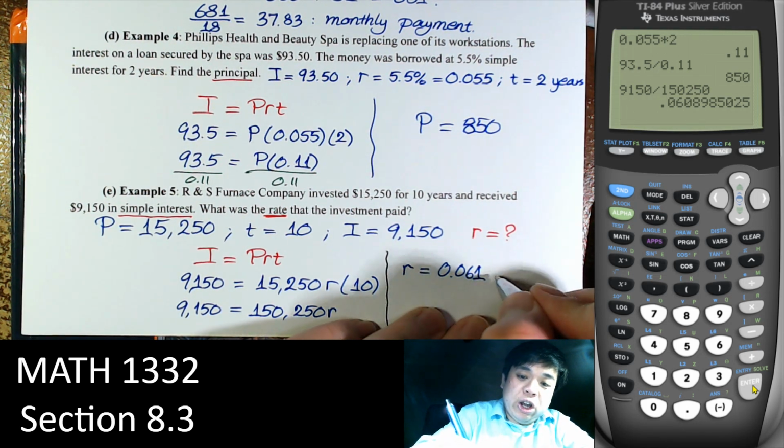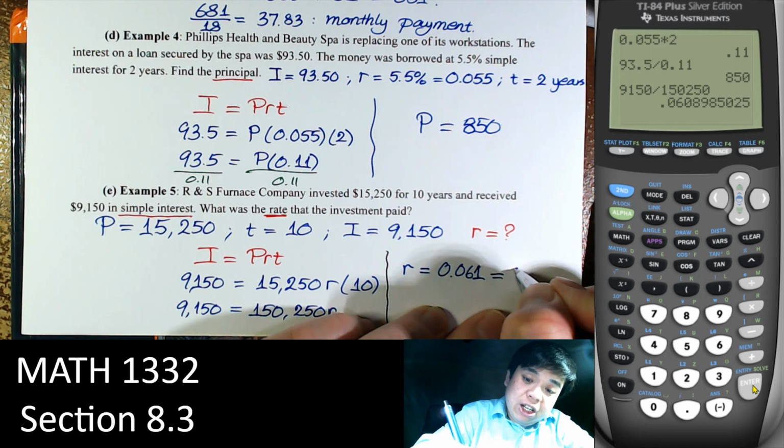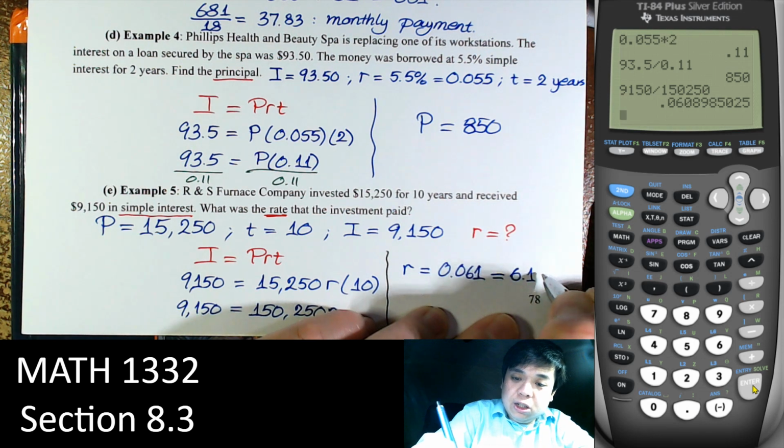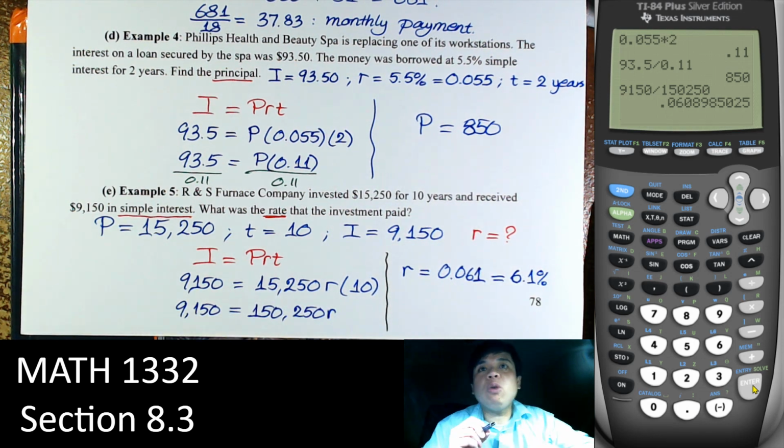And of course, if we change this to percent, 2 places to the right, 6.1%. So that looks reasonable.